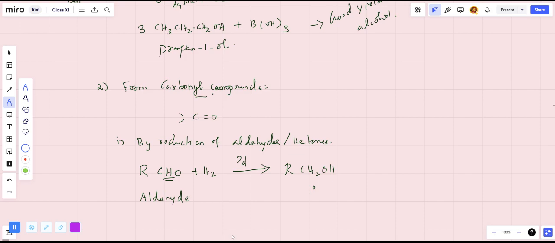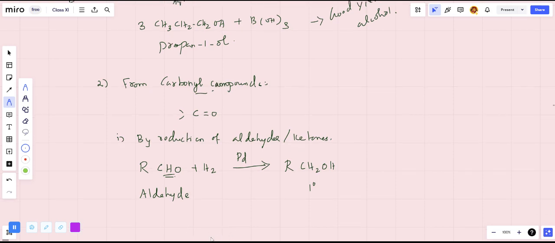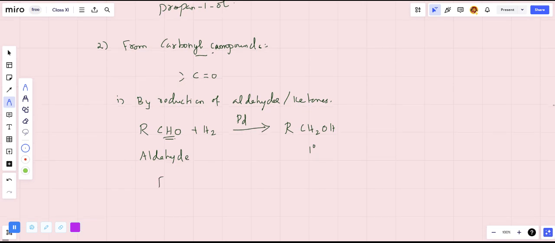Then the next one, ketone. If you take a ketone, what group is it? The CO group, the general ketone group. Here we use sodium borohydride, NaBH4, as a reducing agent. This is the symbol for reduction.